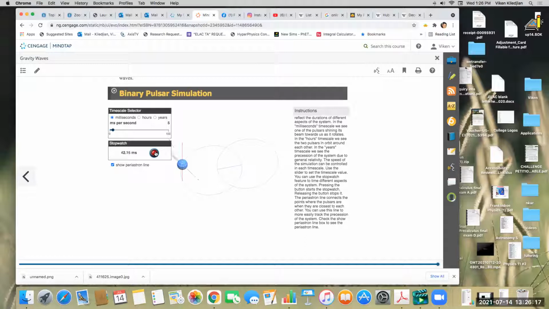Ready, set, and picture. Okay. Oops. Didn't work. Ready, set, hold on, let's restart. Ready, set, picture.